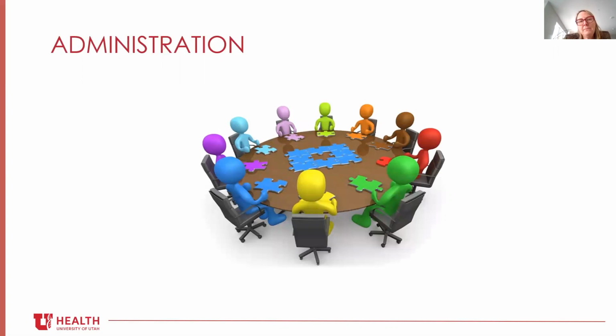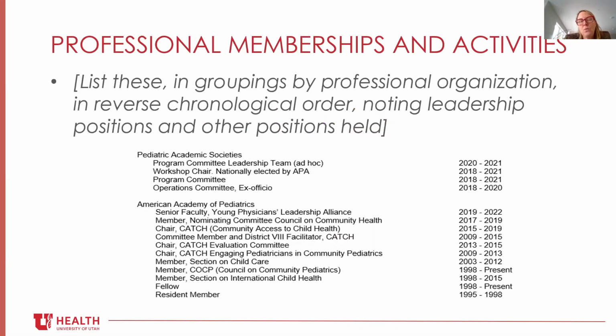So thinking about administration, that's where the CV starts as we're going from top to bottom. I didn't include all of your professional appointments and things like that. We can talk about that if there's interest in it. But I wanted to get into some of the things that maybe are not quite so obvious.